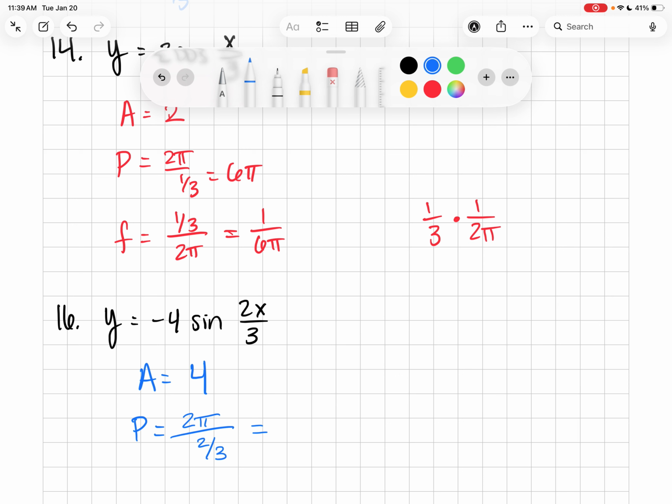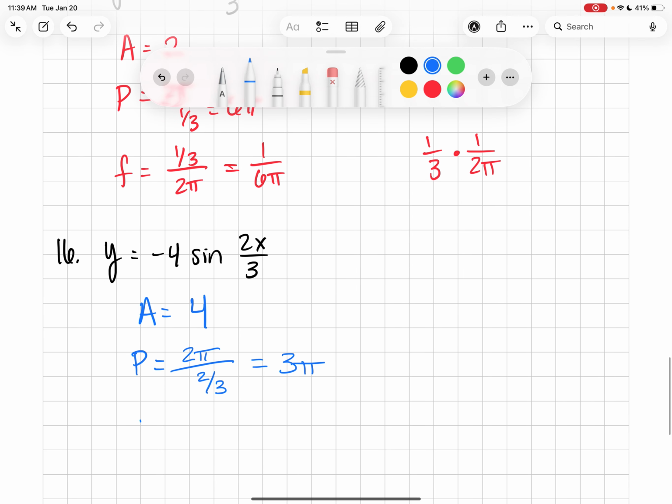Which will end up giving me 6 pi over 2, which is 3 pi. Keep, change, flip, the 2's will cancel. I'm left with 3 pi. And then frequency, we flip that over, so we get 2/3 over 2 pi, which is 1 over 3 pi.